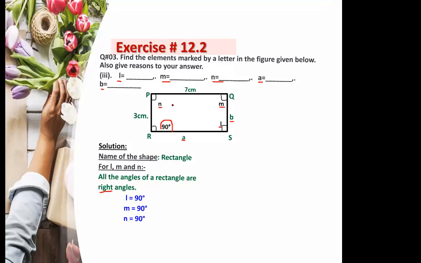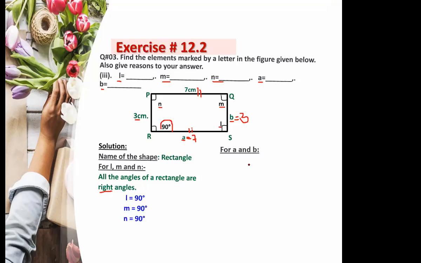Right. Now next is about the sides A and B. This is very simple. Why? Because opposite sides of a rectangle are congruent. So if this side is 7 centimeters, then A will also equal 7 centimeters. Similarly, if the opposite side of B is 3 centimeters, then B is also equal to 3 centimeters.